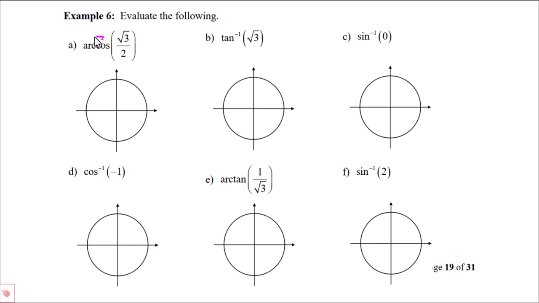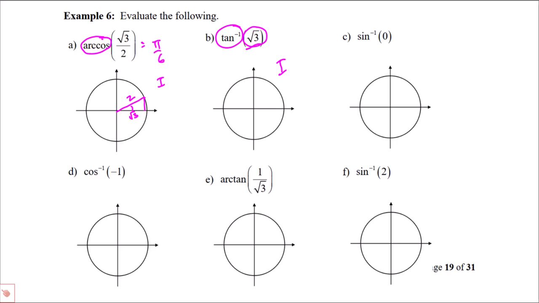So here, looking for the angle whose cosine value is root 3 over 2. It's positive, so I have to be in the first quadrant. Adjacent is root 3. Hypotenuse is 2. That's the small angle. That must be pi over 6. Inverse tangent here is positive. Has to be in the first quadrant.